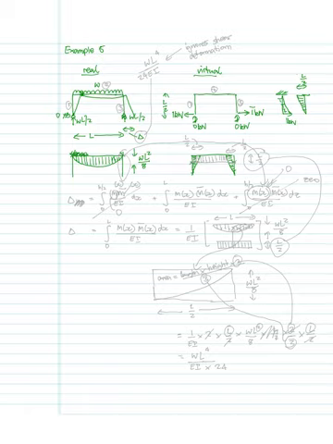The bending moment can't switch sides, so for the beam it's also going to be L over 2. So that magnitude is L over 2, that magnitude there is L over 2, and that magnitude on the column is also L over 2.